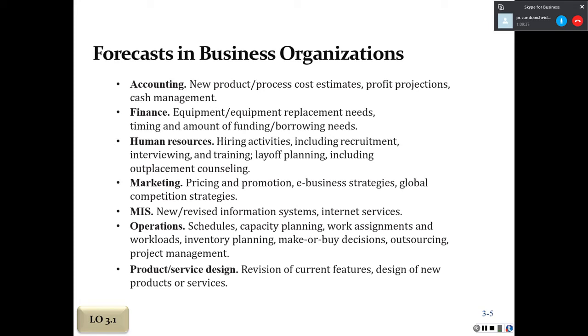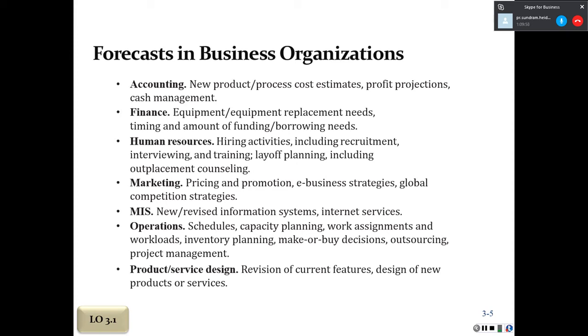They may need more people, so they'll use forecasting. They know that for the past 30, 35 years, right around November and December, the demand increases. So you want to have enough people available to meet that demand.